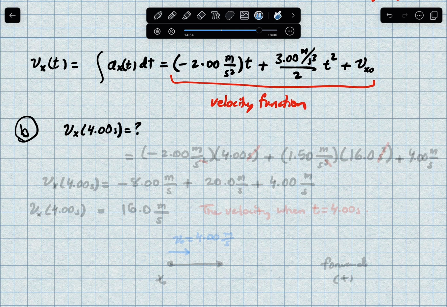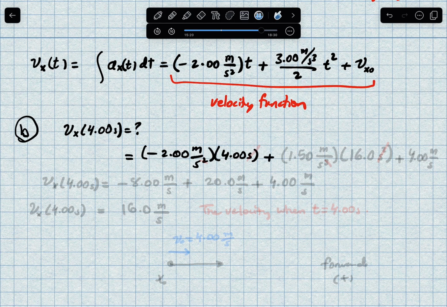And this is easy. You just substitute 4 seconds in place of the time. So you'll have -2 meter per second squared multiplied by 4 seconds.